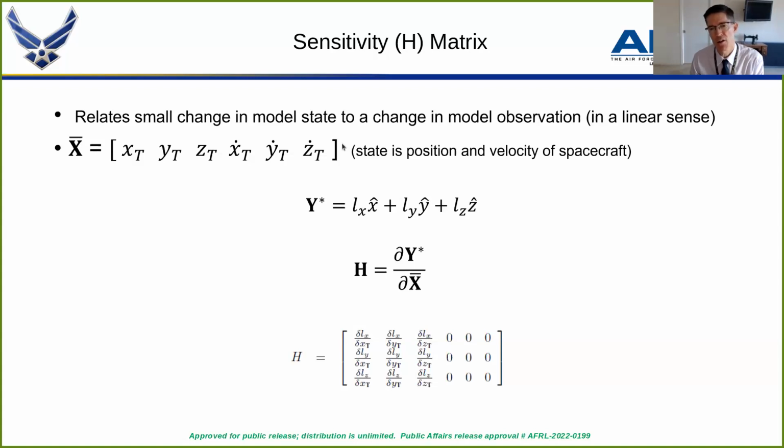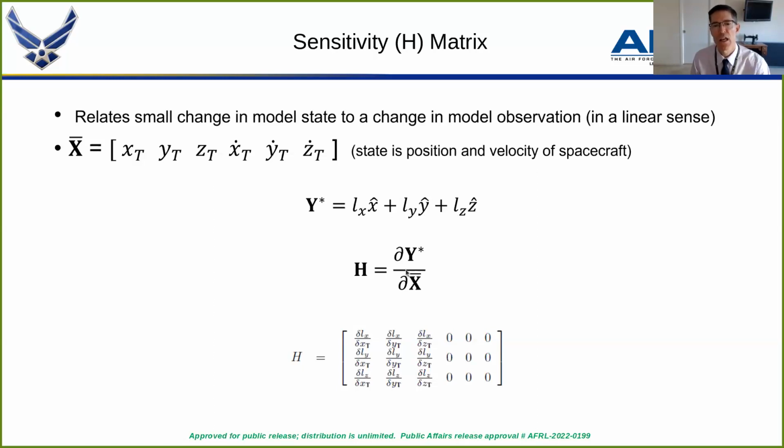So we estimate an error and we add the error to the state to get a better knowledge of our state. Here the state actually is x, y, z, x dot, y dot, z dot, that's position and velocity. And that is, again, in the rotating frame, the Kalman filter. And for the observation Y, we have geometric line of sight unit vectors, and we break it down into components, Lx, Ly, Lz.